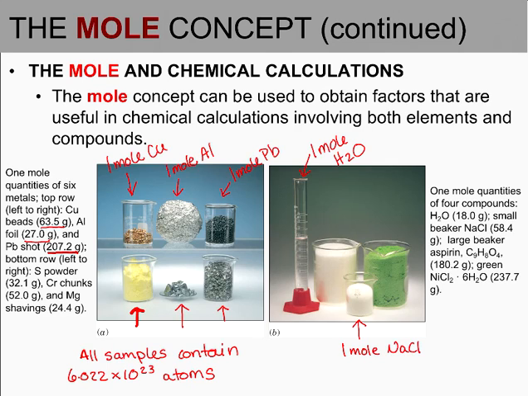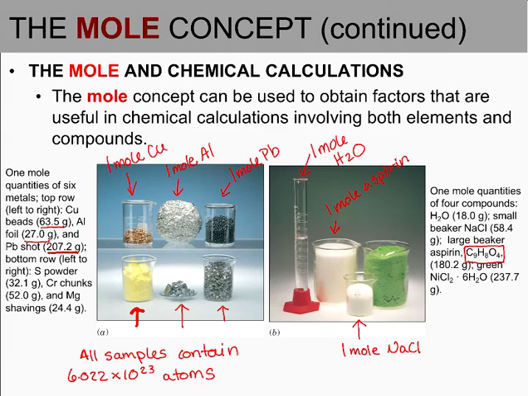And then in these larger beakers, we have 1 mole of aspirin. But you'll notice that aspirin contains a lot of atoms itself in 1 molecule. So aspirin, or 1 mole of aspirin, will weigh 180.2 grams.